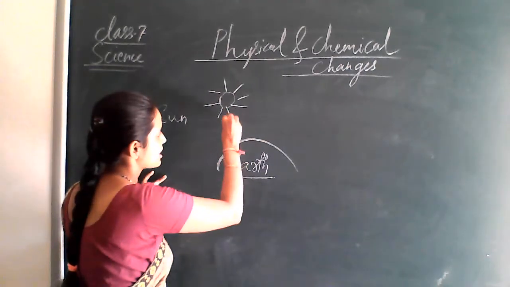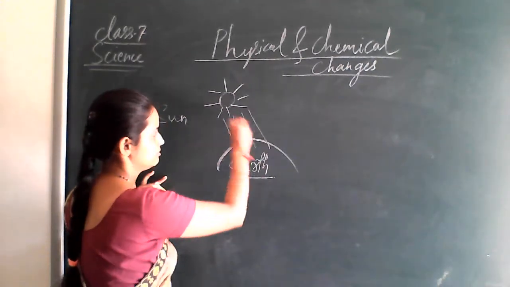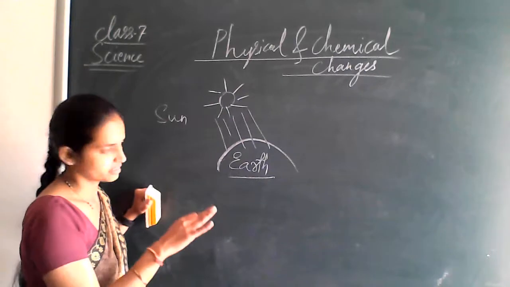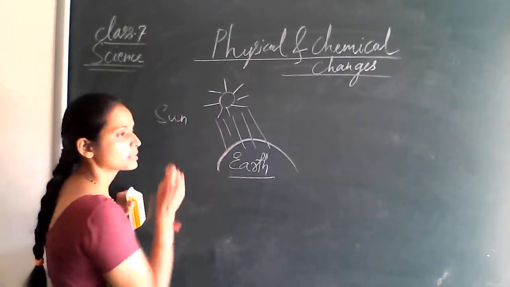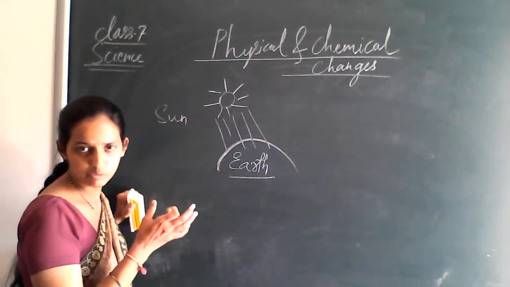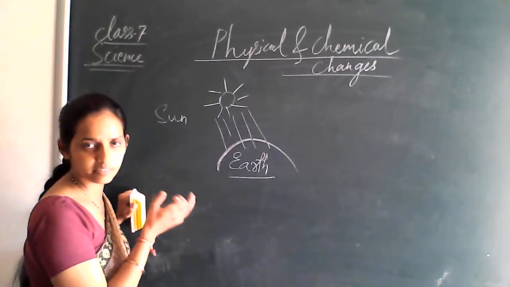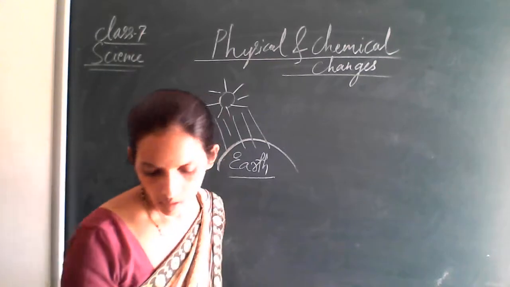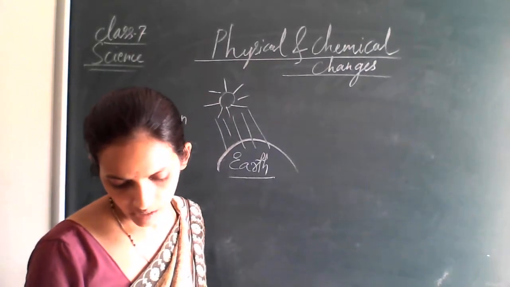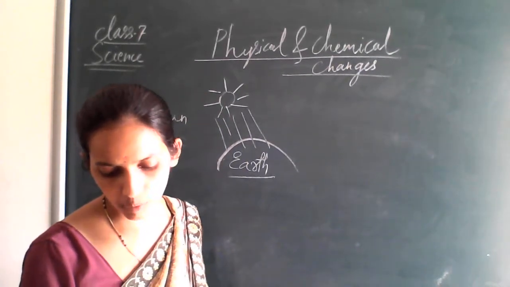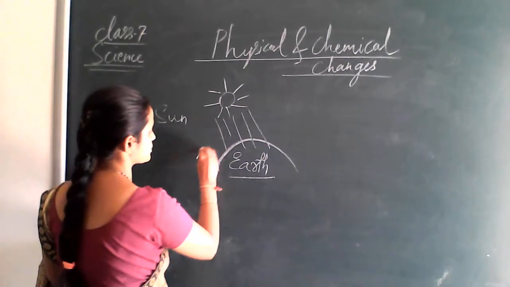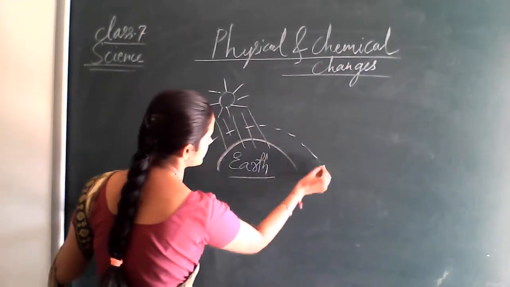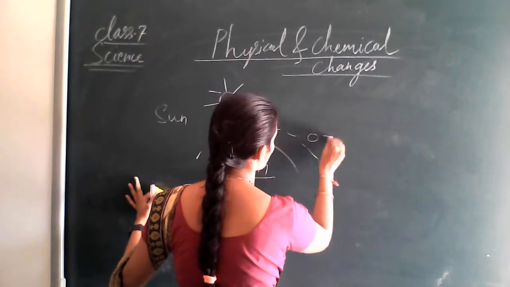Your sun rays are falling on the surface of the earth, right? So these rays are very harmful, ultraviolet rays. What happens? It protects us. You must have heard about the ozone layer in the atmosphere. So there is a layer which we call the ozone layer.